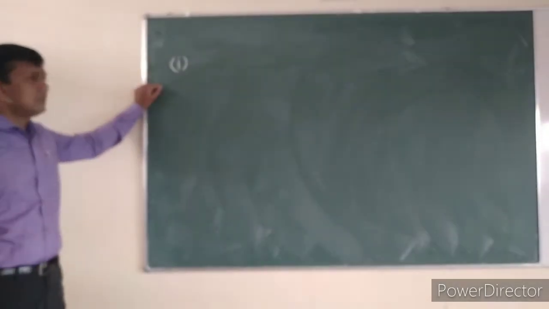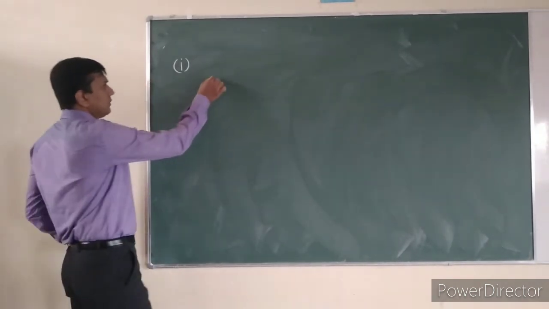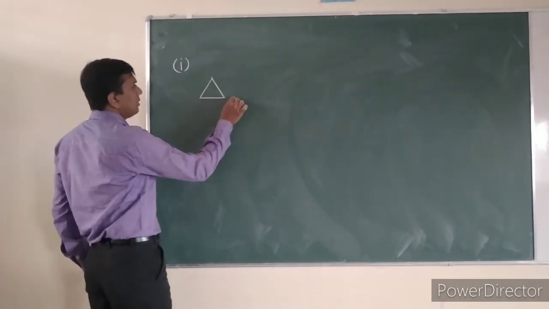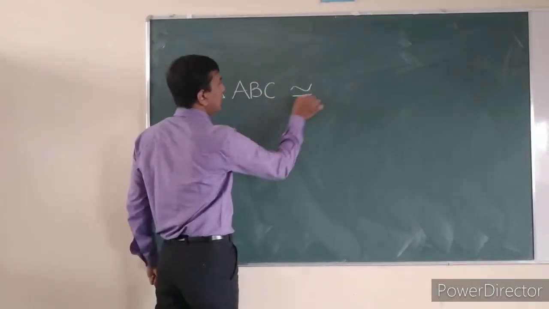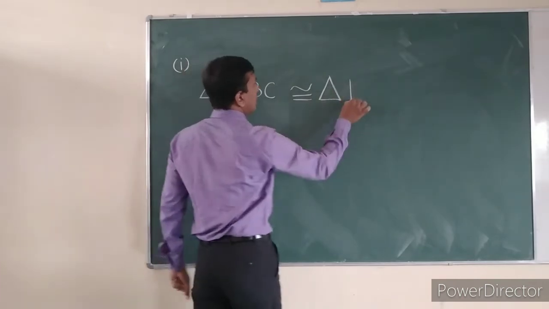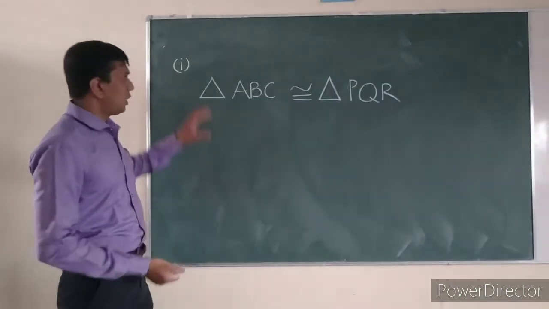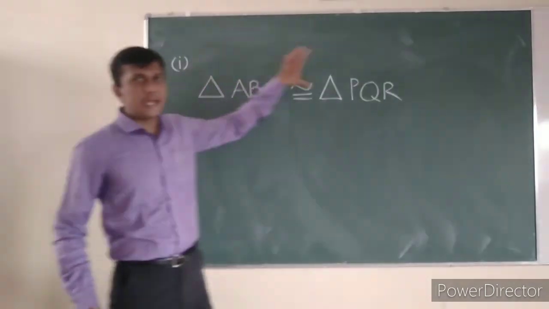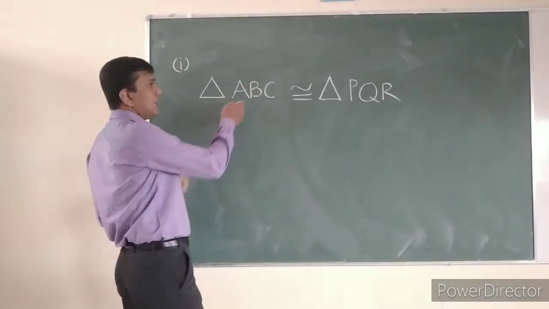So we will discuss some general rules regarding congruency. When you are writing about congruency, if I am taking triangle ABC is congruent to triangle PQR, it means that both triangles are congruent. Already we have discussed that one, and we have naming conventions also.